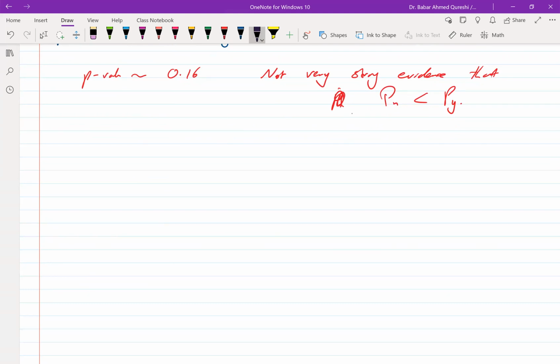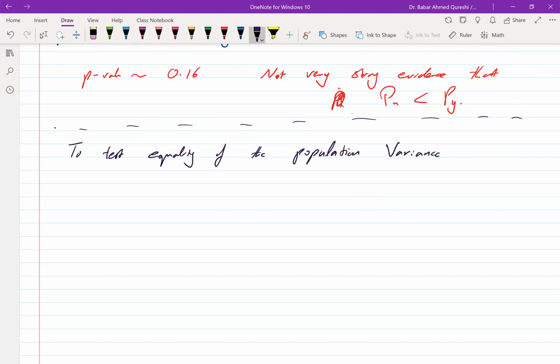Now let's consider, what if we want to test equality of the population variance of two normal populations.